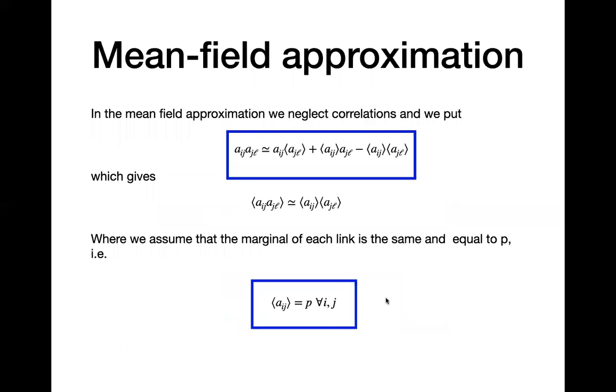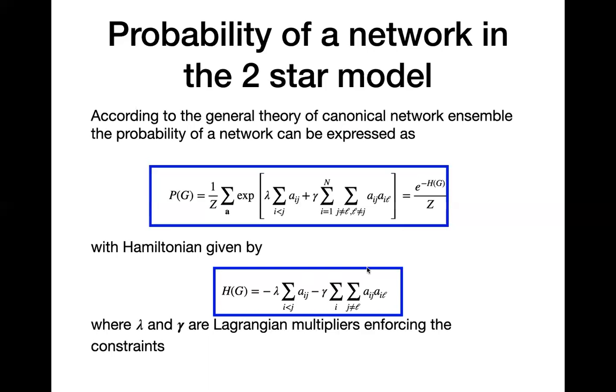So in general, finding the partition function of such a problem is a hard problem, and some of you might have encountered a similar situation in statistical mechanics models, for instance in the Ising model, where you have just variables that are associated to a single node, like a spin.